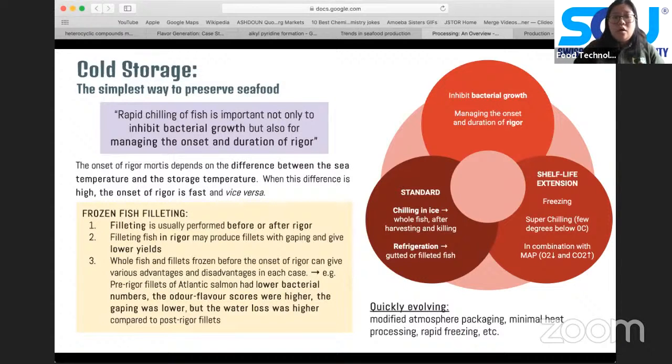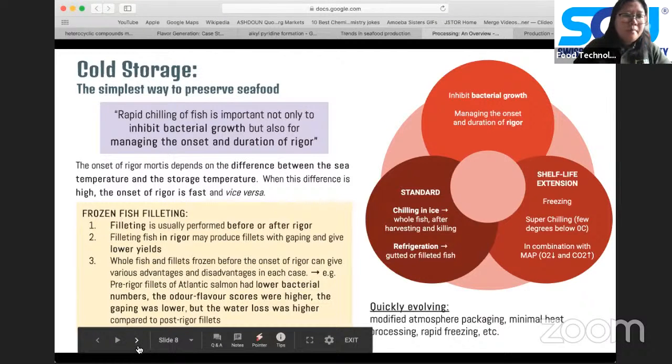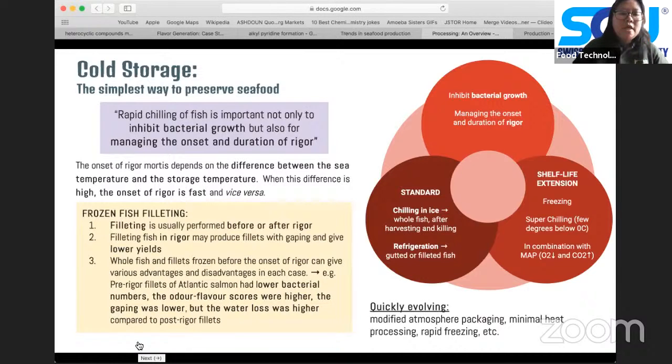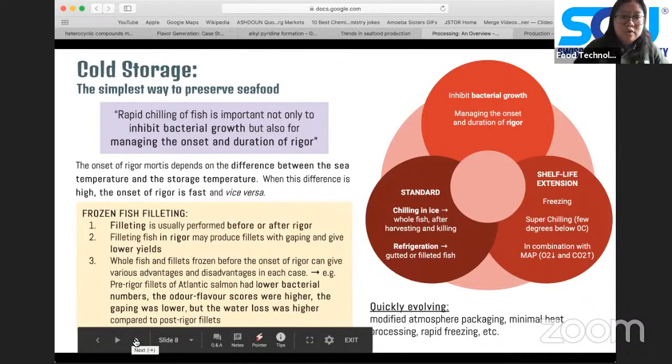So the decision to fillet prior to or after the rigor is usually determined by the species that you want to process. Later, I will show you a video about fish filleting in combination with the refrigeration process in the industry.